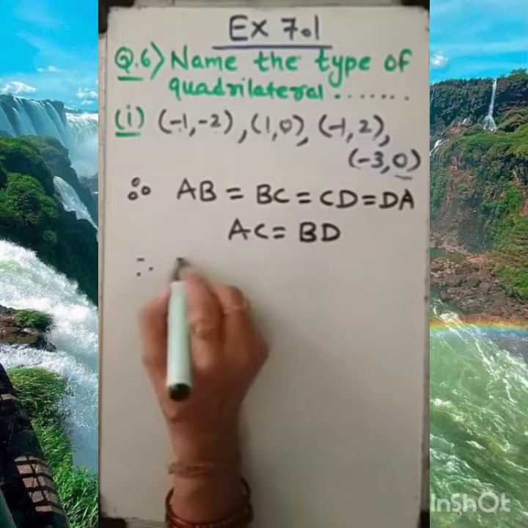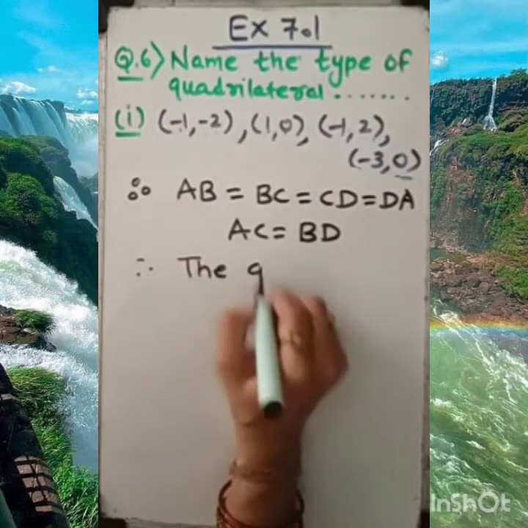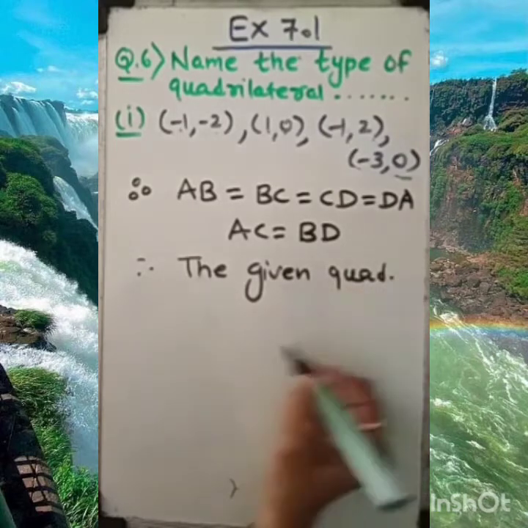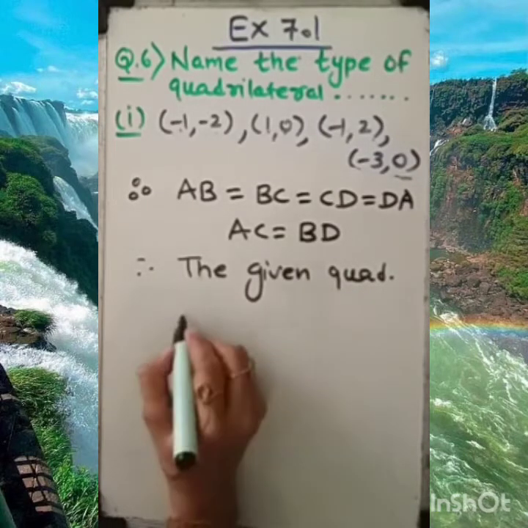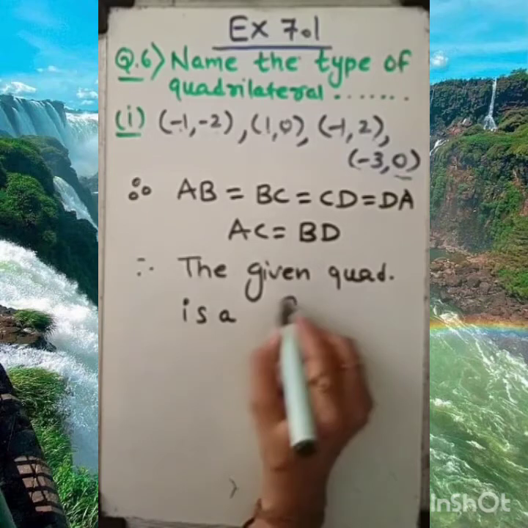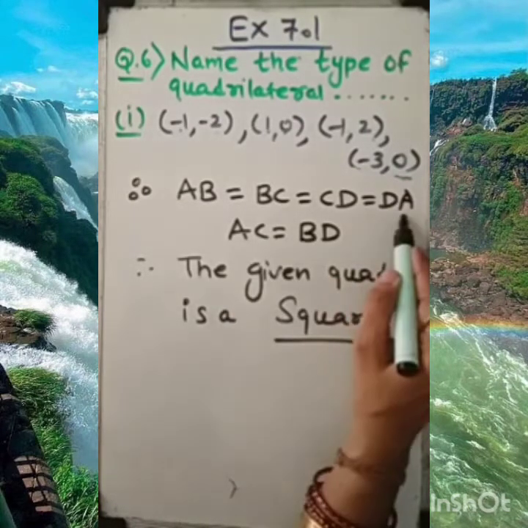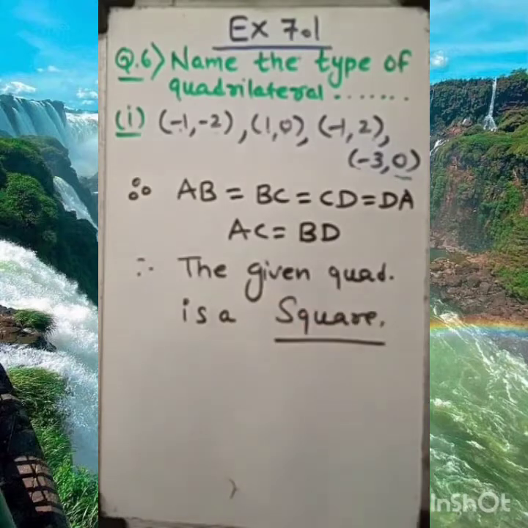Therefore, the given quadrilateral is a square. Its type is square. All four sides equal and two diagonals equal. That's why it is a square. That is the final conclusion for first part.